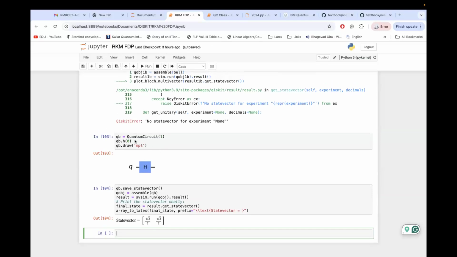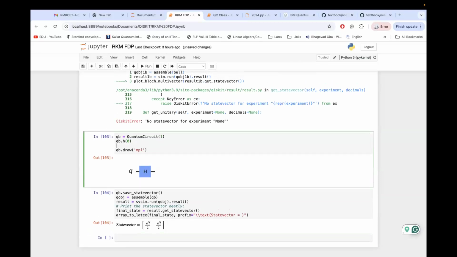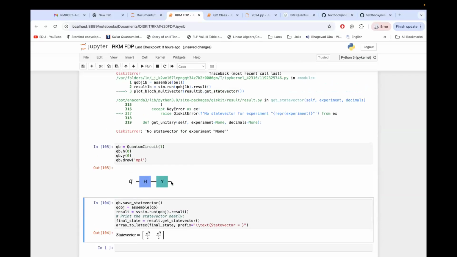Now, what is my idea? I want to have a representation of what happens when I'm applying this Pauli Y gate, right? Just apply Y on the 0th qubit after this Hadamard operator. Initially it is in 0 state. After this Hadamard operator, you are creating a quantum superposition that is 0 plus 1 by root 2.